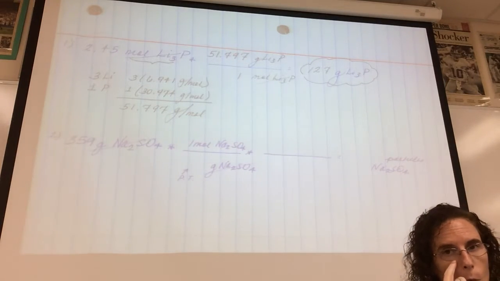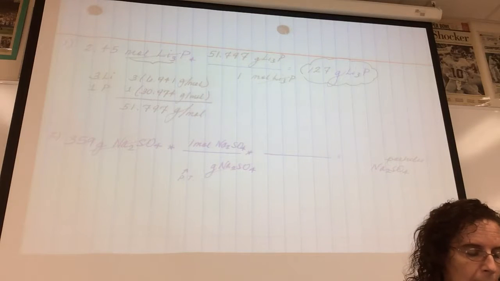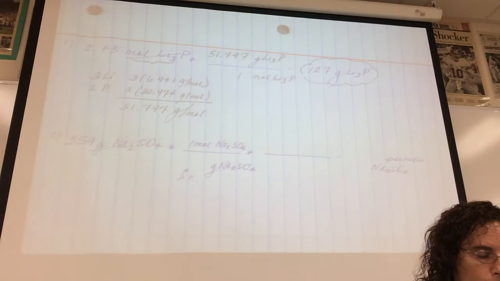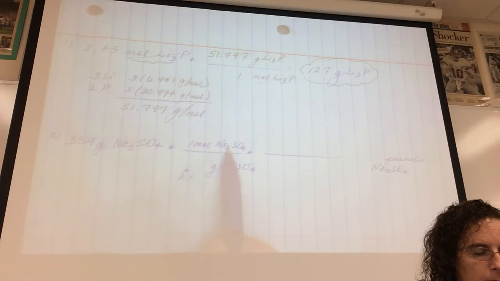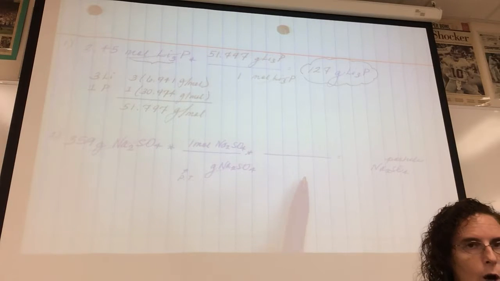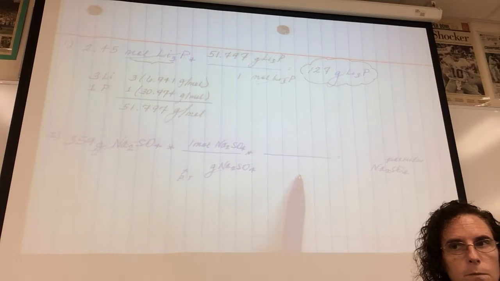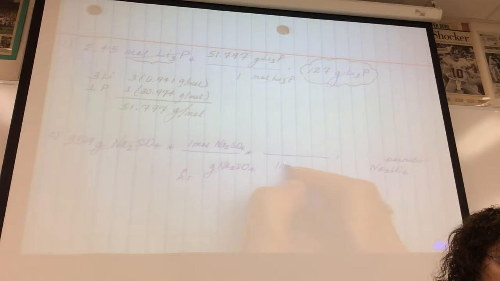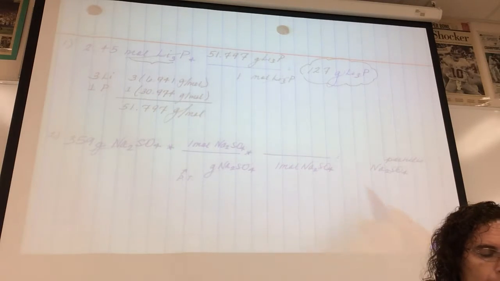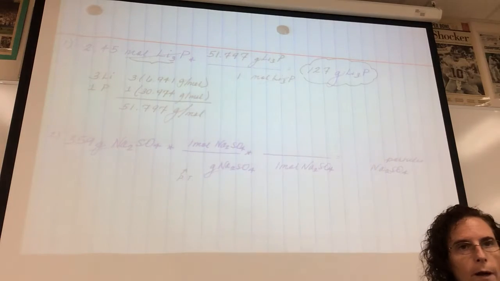Sometimes I like to set up all my fractions so that I just keep rolling through the problem. Now I have moles of sodium sulfate here. So what will go in the denominator? 1 mole of it. And what will go in the numerator?